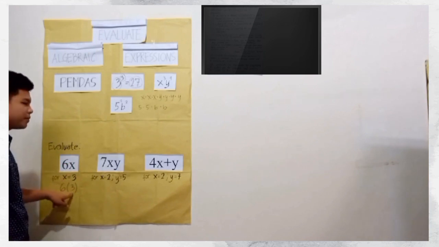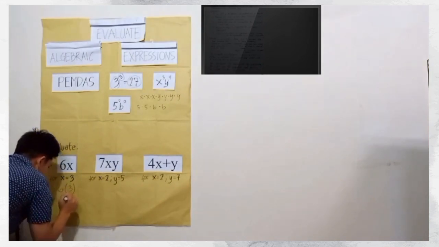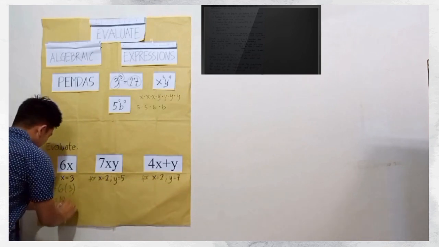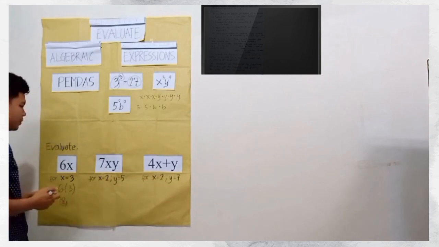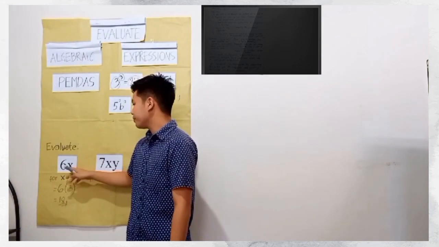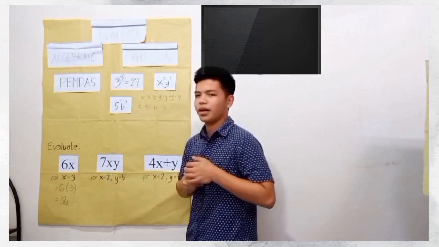So 6 times 3 is equal to 18. So we have an answer, 18. We simply replace the variable with the given value of the variable.